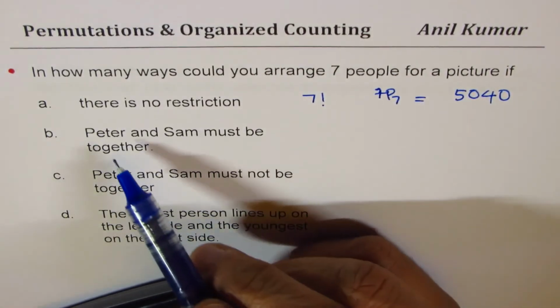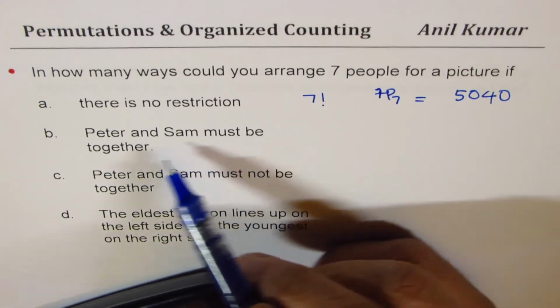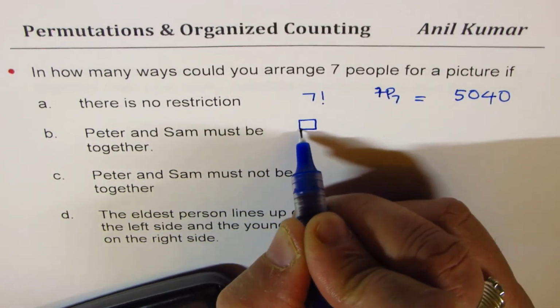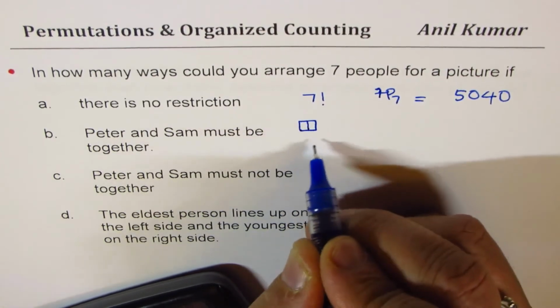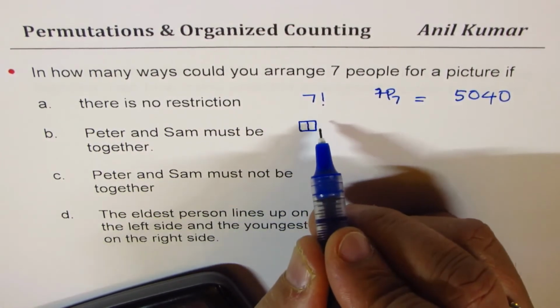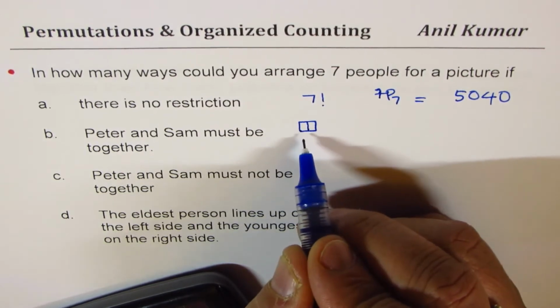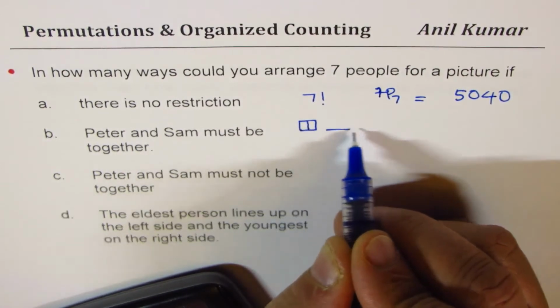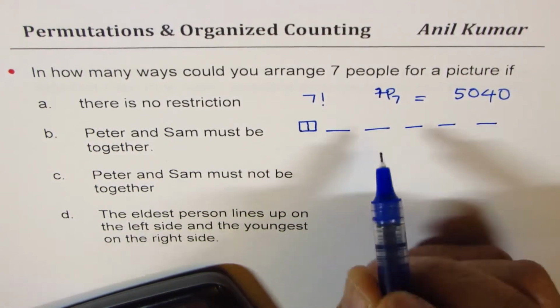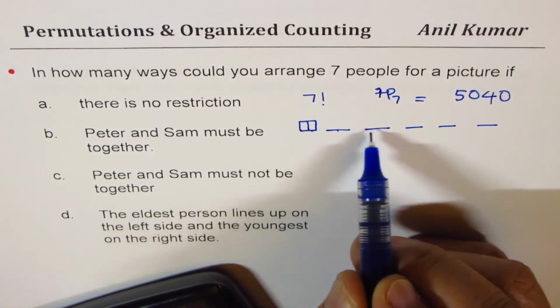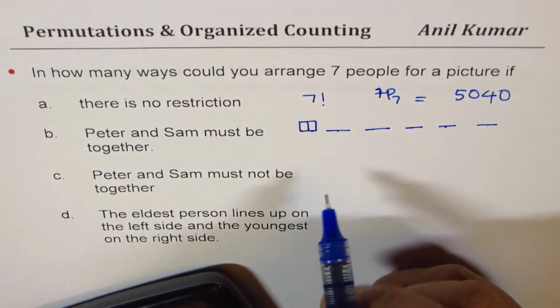The next one is, Peter and Sam must be together. So we'll club them, right? So we'll club Peter and Sam, so that is clubbed together. In total we have 7 people: 1, 2, 3, 4, 5, 6, 7. In all, since they have been clubbed, we have 1, 2, 3, 4, 5, 6 positions, correct?